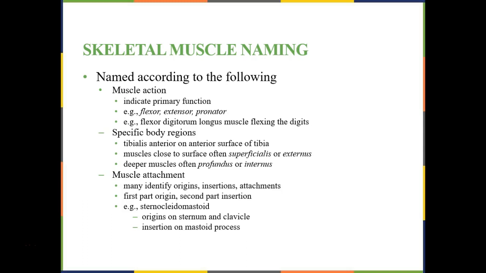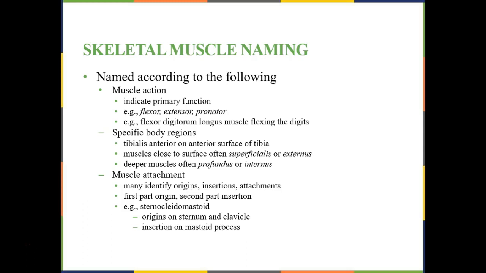Muscle attachment. So where is a muscle attached to? This could be the origins and insertions of a muscle, and there's a lot of different areas that muscles are attached to. So my favorite example is sternocleidomastoid.